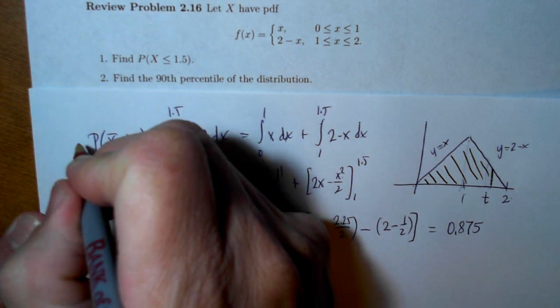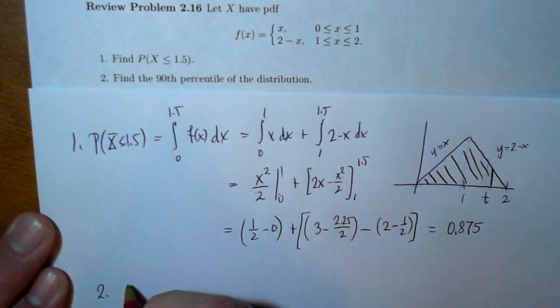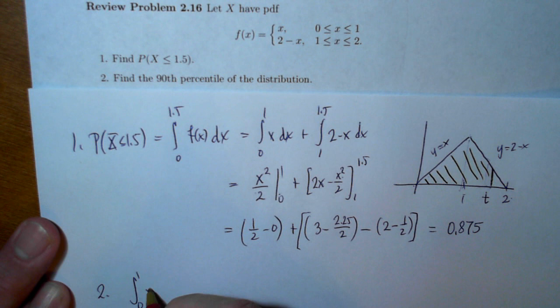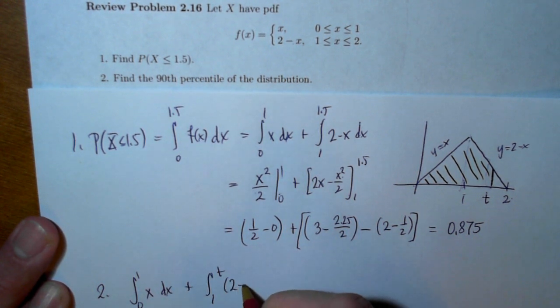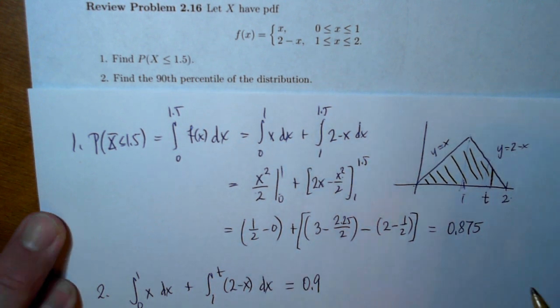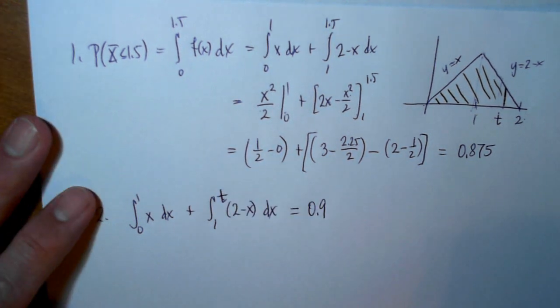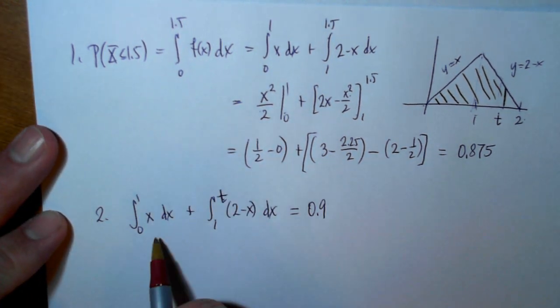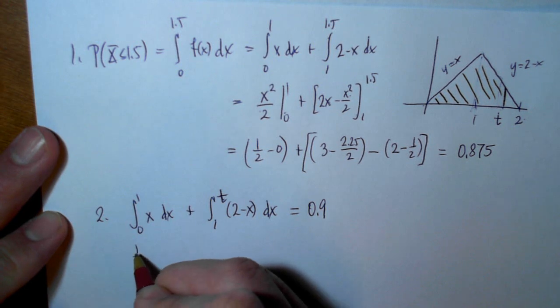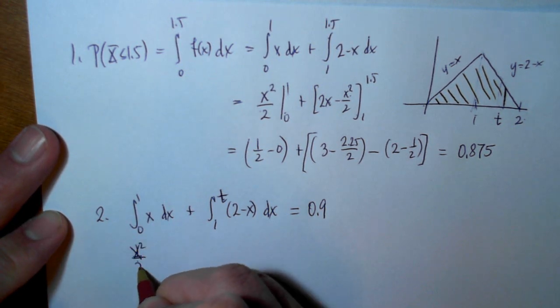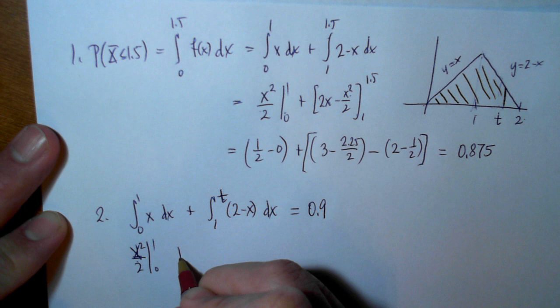So for part 2, I want the integral from 0 to 1 of x dx plus the integral from 1 to t of 2 minus x dx. I want this to be equal to 0.9. And the ultimate goal is to solve for the value of t that makes this work. Okay, so we integrate. Once again, over here we have x squared over 2 from 0 to 1.